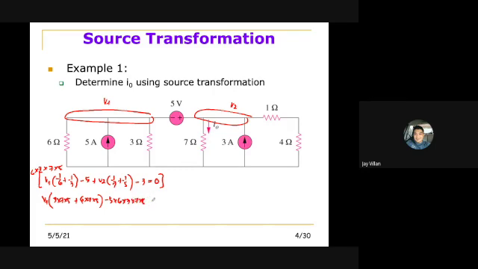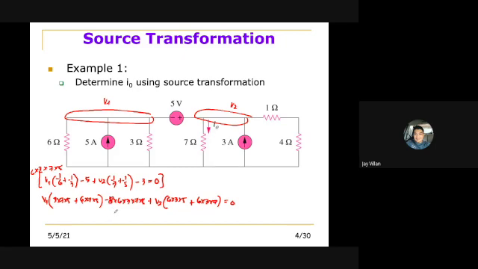Plus V2 times 6 times 3 times 5 plus 6 times 3 times 7. This is equal to 0.